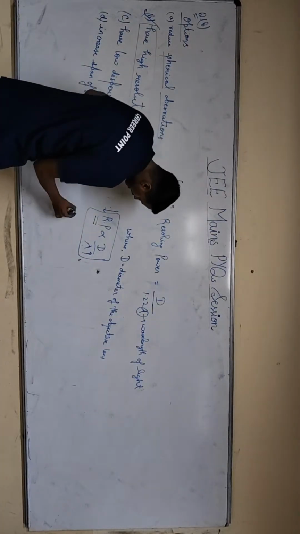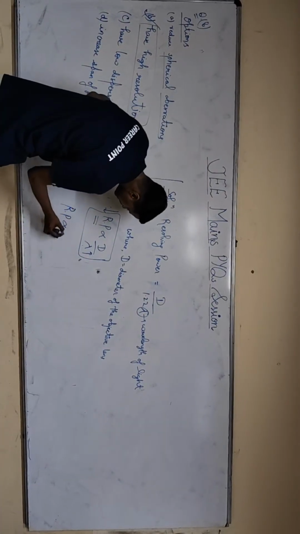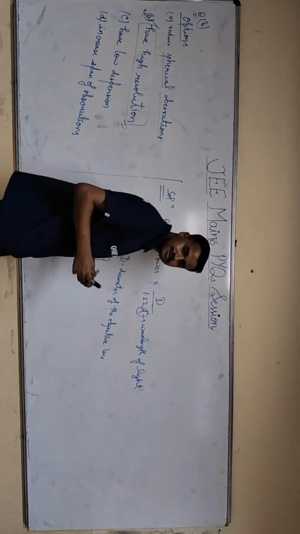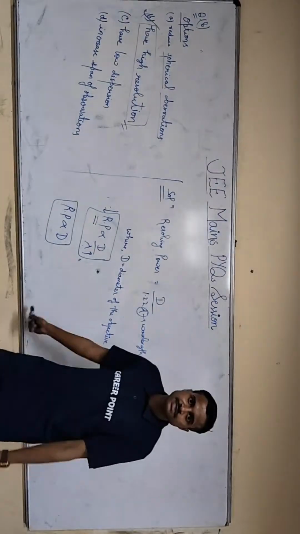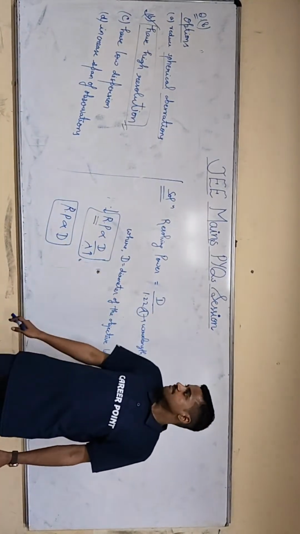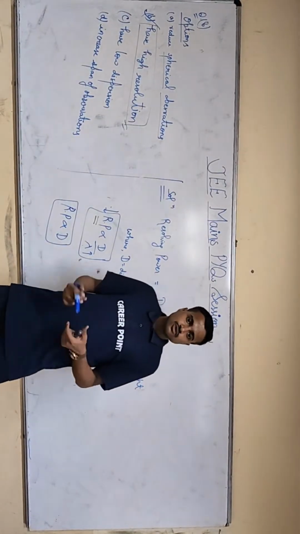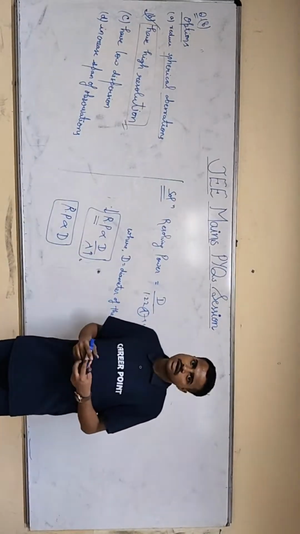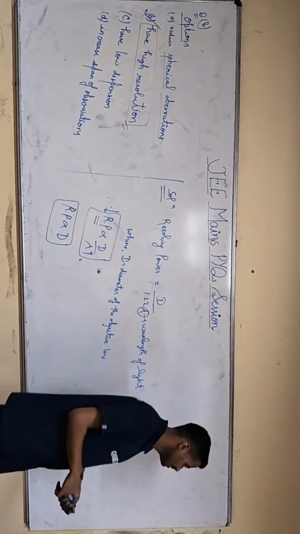In this relation, RT is directly proportional to D, the diameter of the objective lens. So if we have to increase the resolving power, it is a must to increase the diameter of the objective lens. I hope you understood very well.